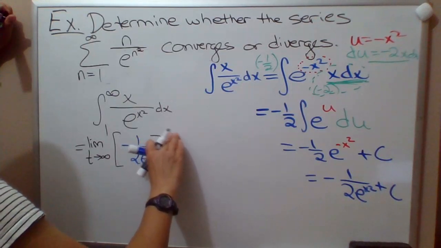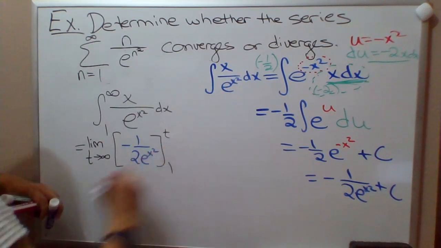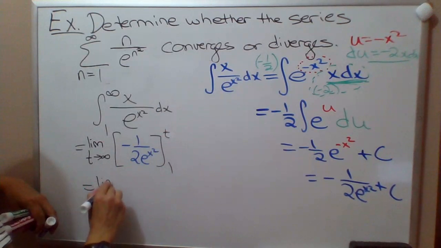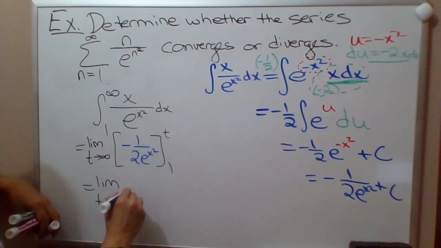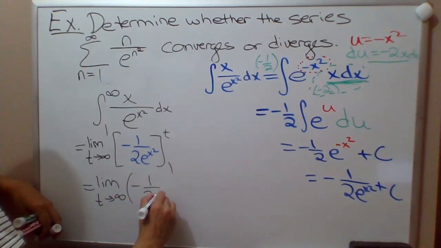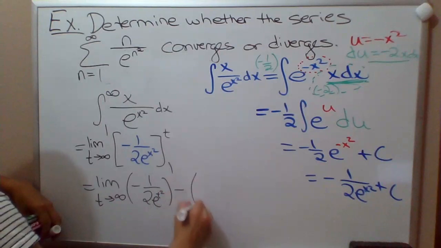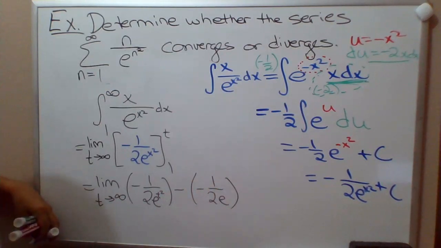Oh, and this should be t now. Okay, so if we plug in, the limit as t approaches infinity of negative 1 over 2 e to the t squared minus negative 1 over 2 e to the first.